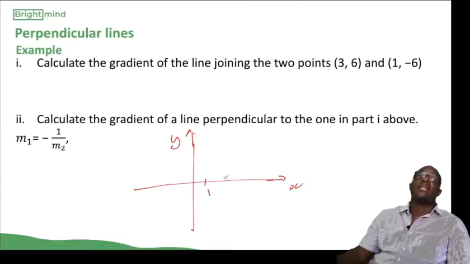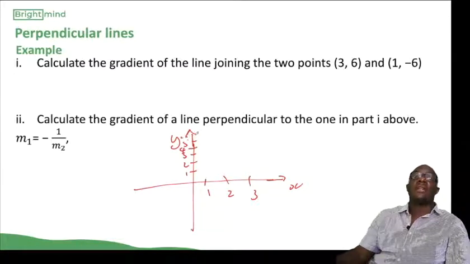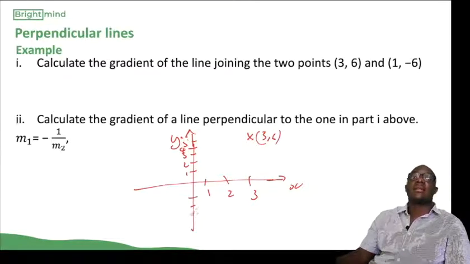I've got a point, let's say that's 1, 2, 3, and then that's 1, 2, 3, 4, 5, and 6. I've got a point there, 3, 6. I've also got a point 1, -6. We can say maybe -6 is down there. I've got a point there.